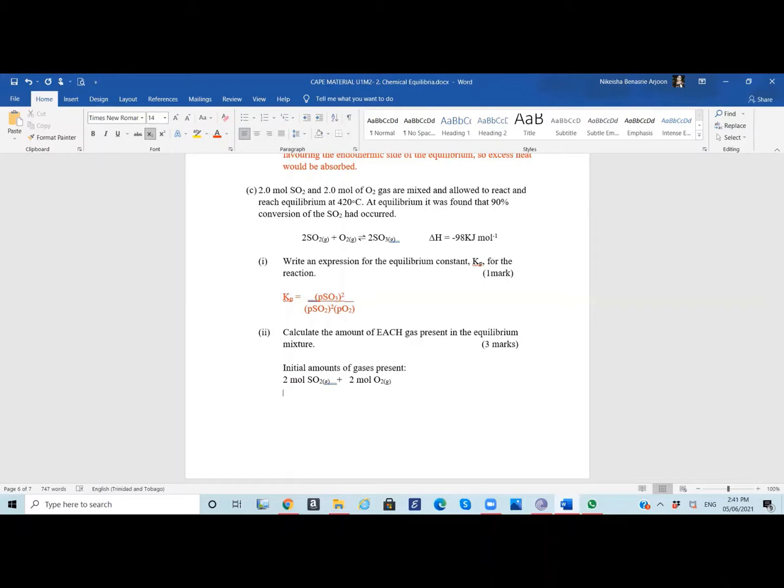That's our start. The next piece of information now, they said that at equilibrium, only 90% of SO2 was converted.